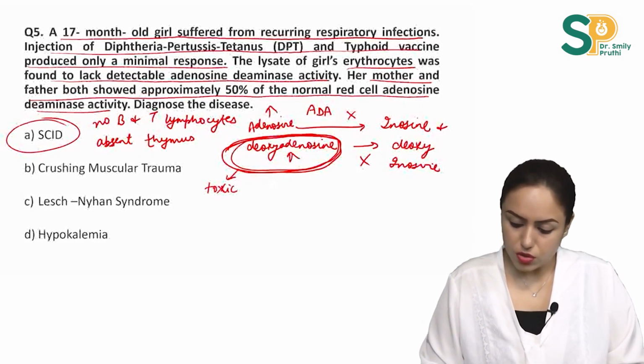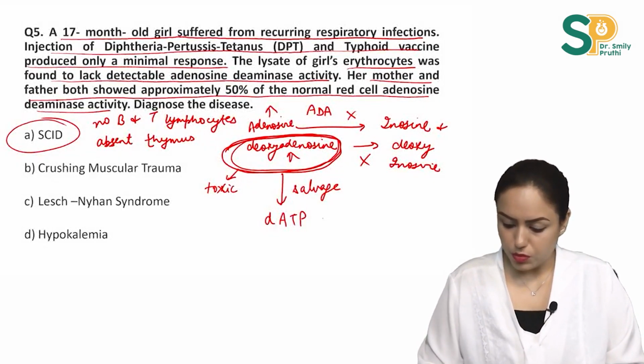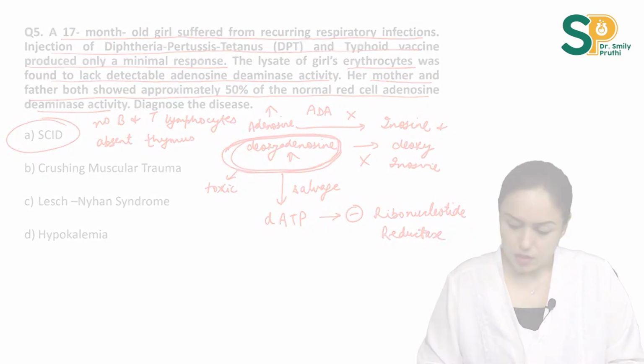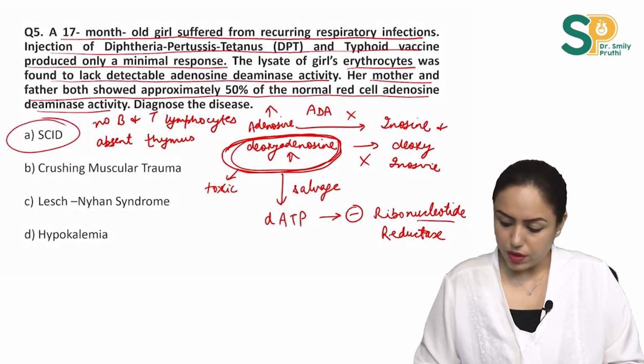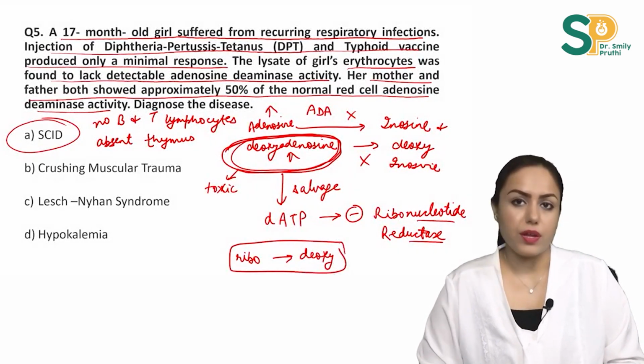Plus, this deoxyadenosine by salvage pathway will be converted to deoxy ATP. Deoxy ATP will inhibit enzyme ribonucleotide reductase. This enzyme ribonucleotide reductase converts ribonucleotides to deoxyribonucleotides.